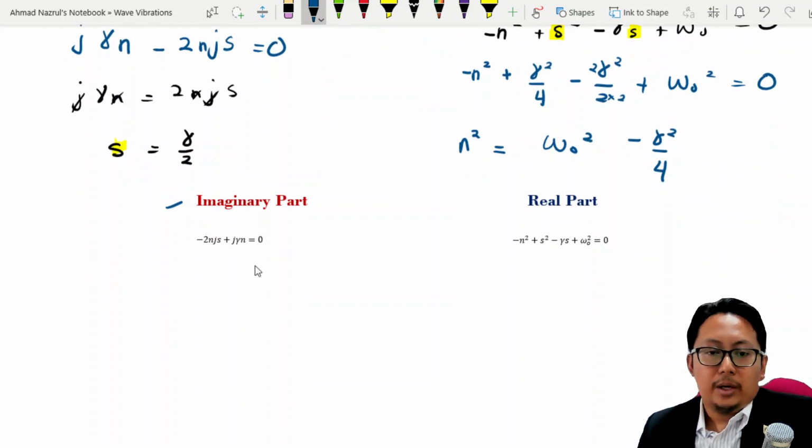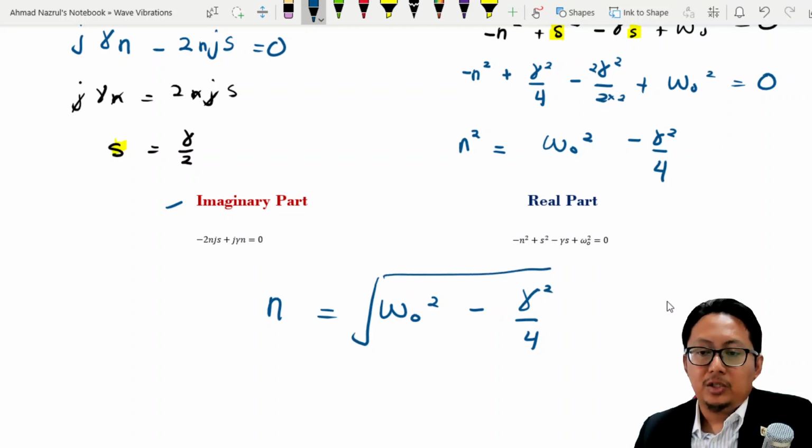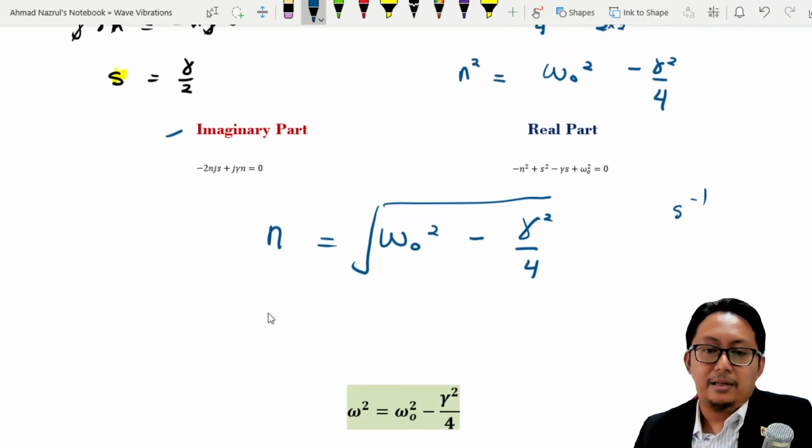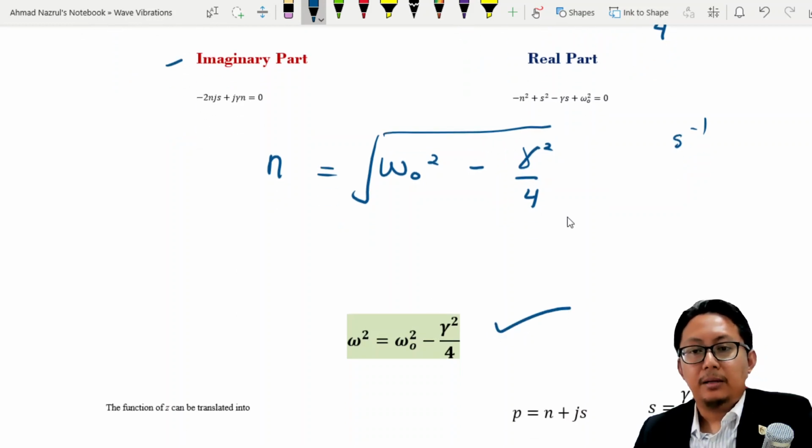From here, we can define n equal to the square root of omega naught square minus gamma square over 4. This unit is s minus 1 or hertz, so it means this is an angular frequency. So n we can define as a new omega. This n will become the new omega for the damped mass spring system.